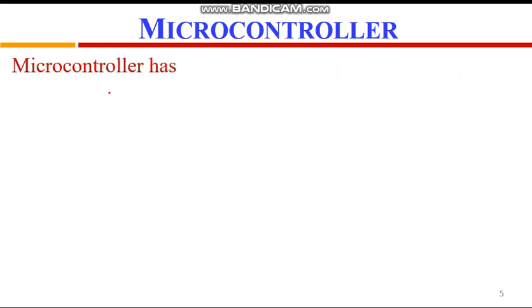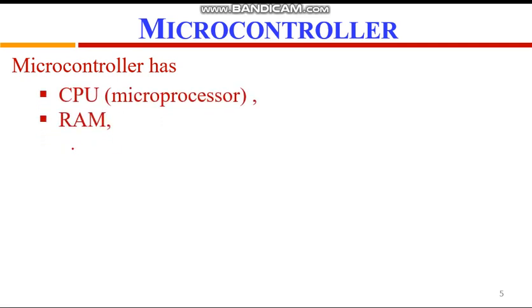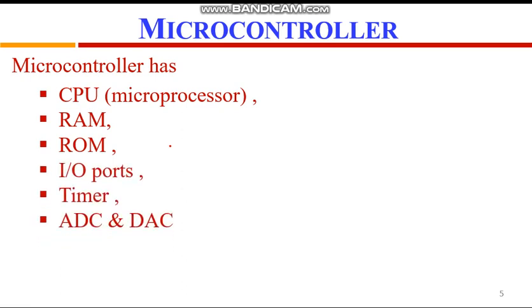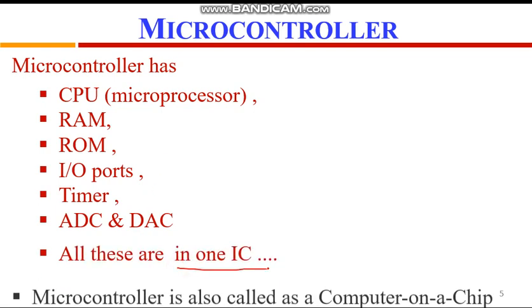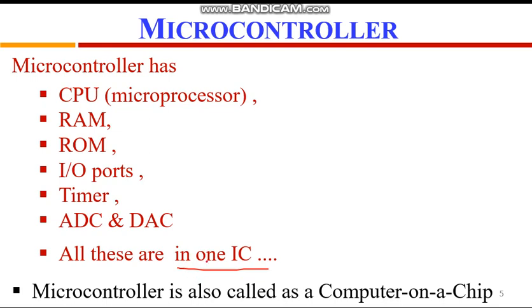This microcontroller has a CPU along with RAM, ROM, IO ports, timers, ADC and DAC. All these are in one single IC, and therefore this microcontroller is also called a computer on a chip.